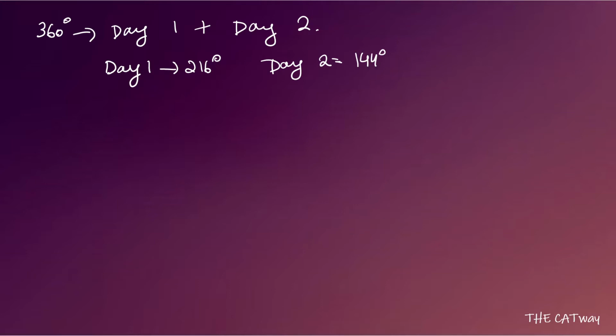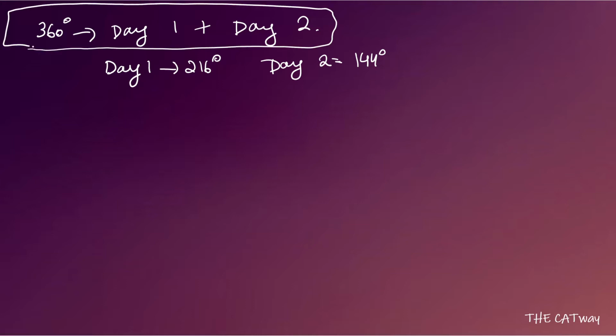Now what we have to do is, we will represent the total number of cars sold on day 1 plus day 2 in terms of the number of cars sold on day 1. So let's say this 216 is equal to X, as we had taken for day 1, because we have to get all of them in terms of the same variable. So on day 1, X cars are sold, and day 1 plus day 2 is 360 degrees.